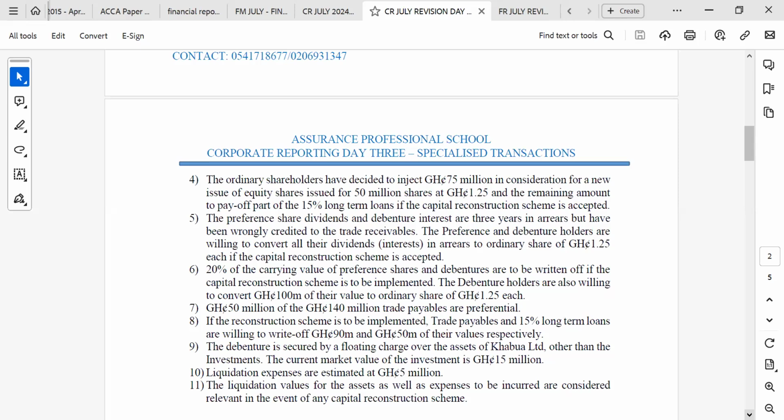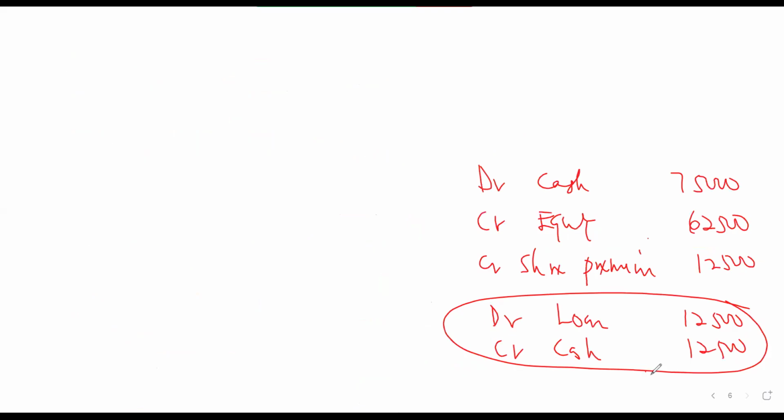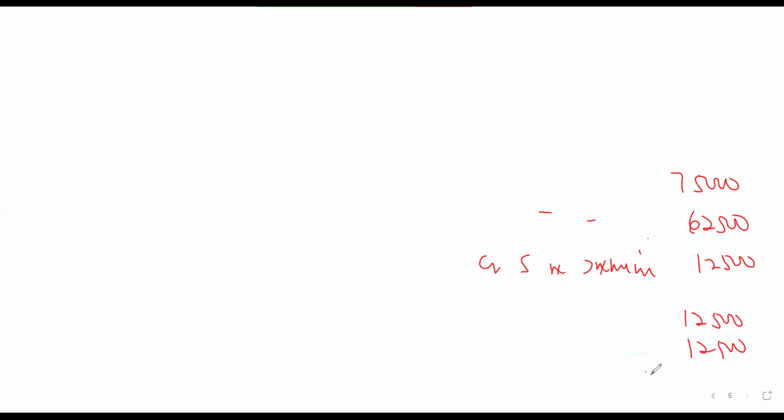So this will actually be a gain. The trade payables are writing off what? 90 million, isn't it? So let's go to how much they are having currently. The trade payables, they are having 140. So we are going to write off this by 90. So that will come over here as a gain to the company.